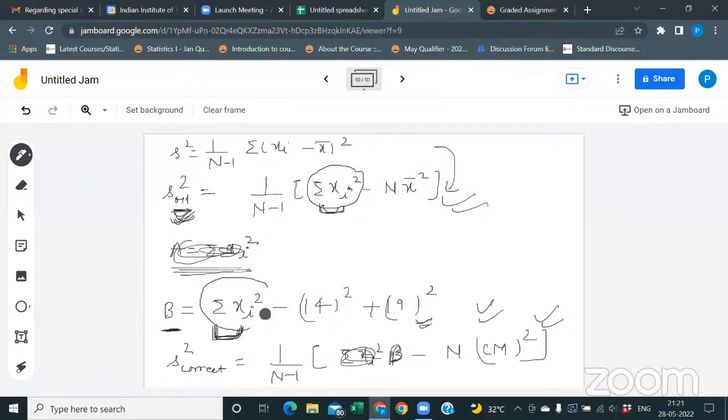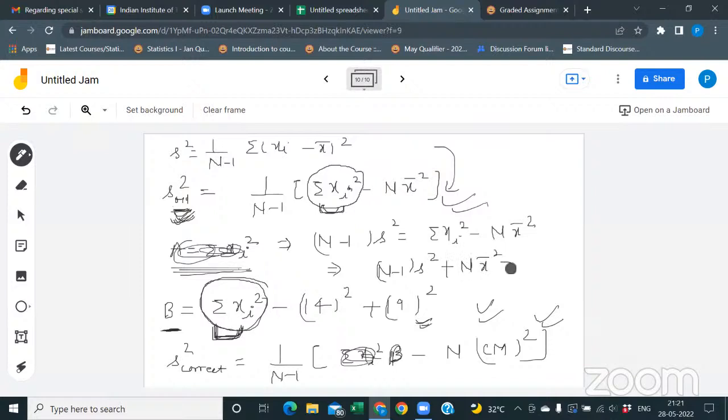So how will you compute this value? By manipulating this equation. Because n minus 1 times s square equals summation xi square minus n x bar square, from here n minus 1 s square plus n times x bar square equals summation of xi square.